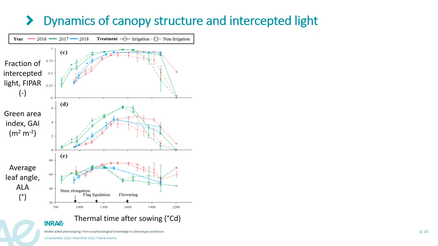As you can see on the figures, the trained neural network was able to estimate the 3 parameters with good accuracy between the beginning of stem extension and grain maturity.